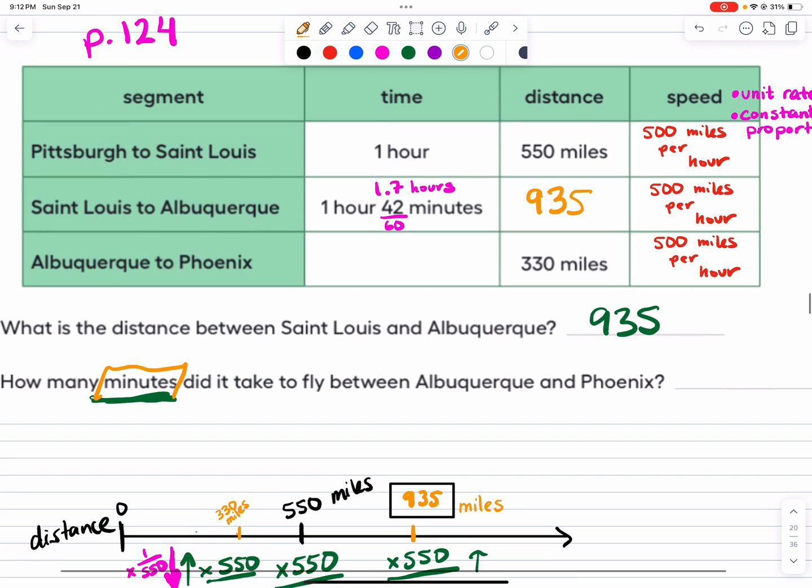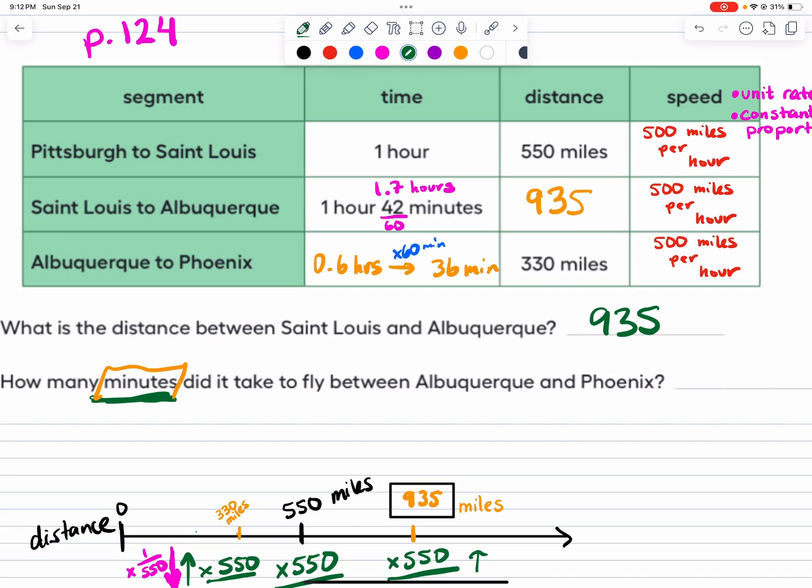If you're wondering why I'm writing minutes, it is actually 0.6 hours, but the question wants it in minutes. So we did multiply it by 60 to get minutes. There you go, minutes.